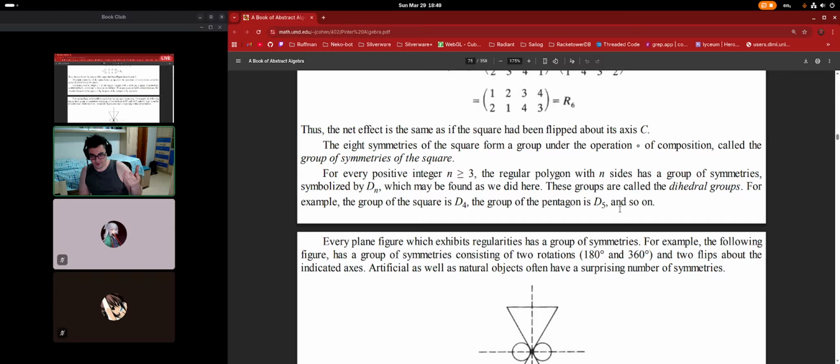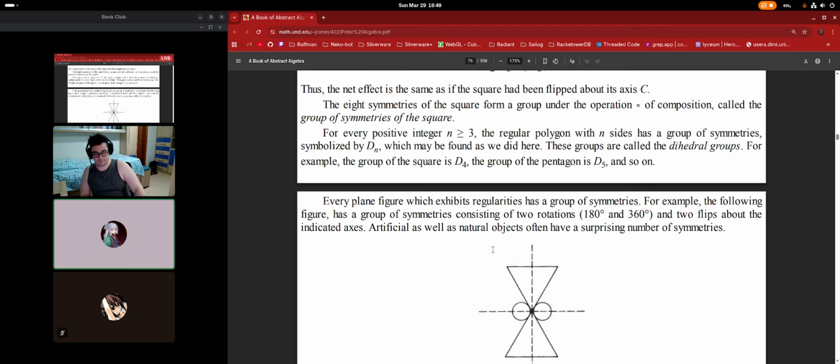Which kind of begs the question, how can you differentiate different kinds of D4s? Because a square is a D4, a rectangle is a D4, you don't. Because the square is the only regular quadrilateral. Well, you do definitely, because there's an exercise talking about rectangles.